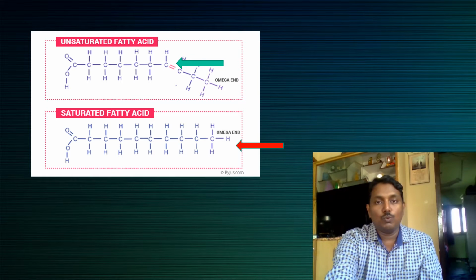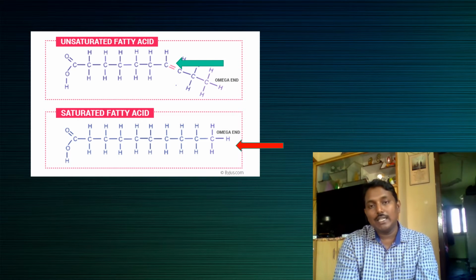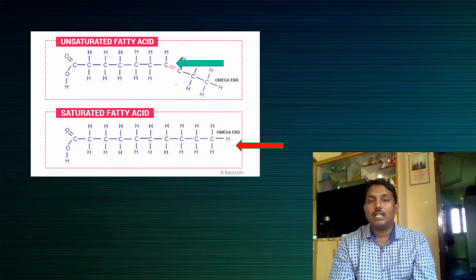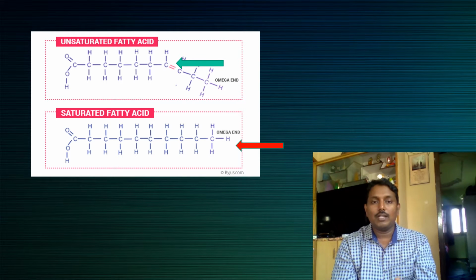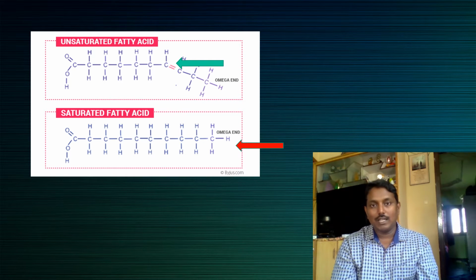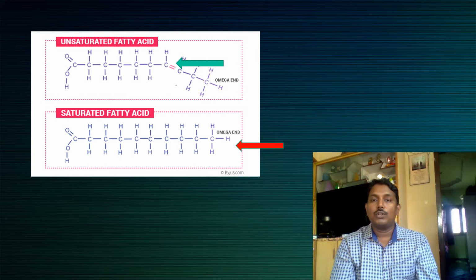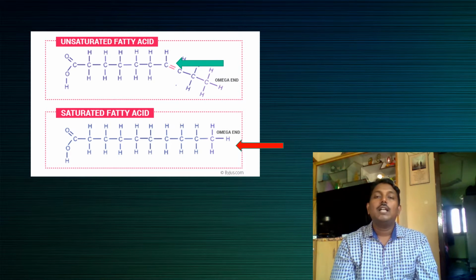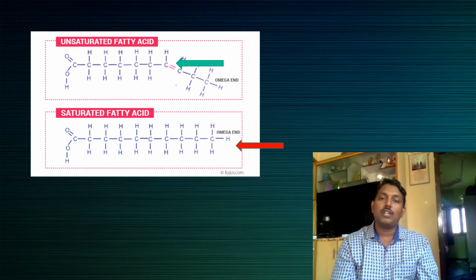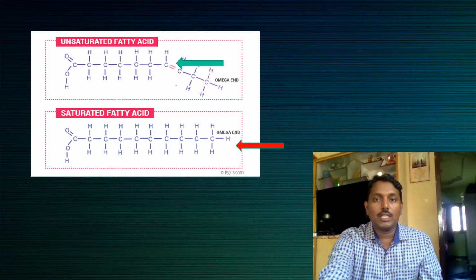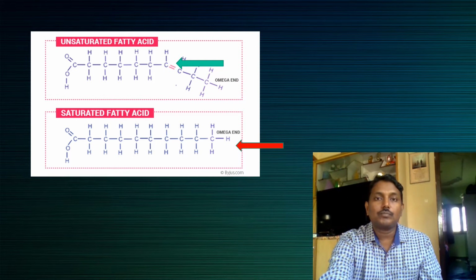Let us try to understand the clinical significance of saturated and unsaturated fatty acids. Saturated fatty acids, which don't contain a double bond, are solid at room temperature. On consumption, these saturated fatty acids increase the total cholesterol levels and LDL cholesterol, and thus they increase the risk of coronary artery disease. They also increase the risk of colonic and prostatic cancers.